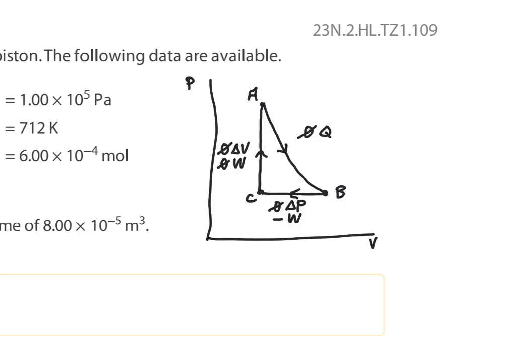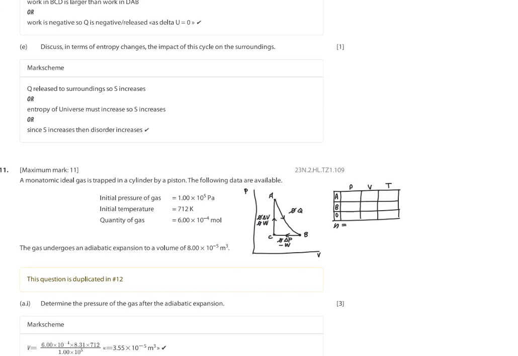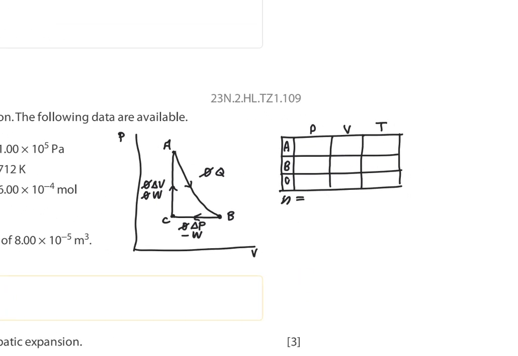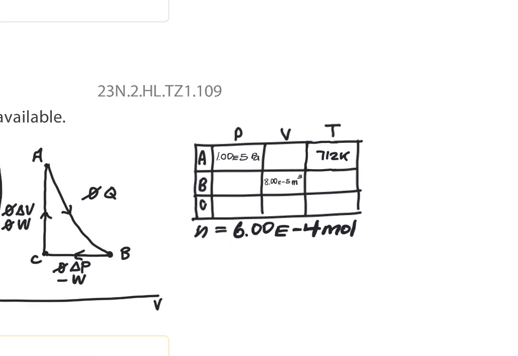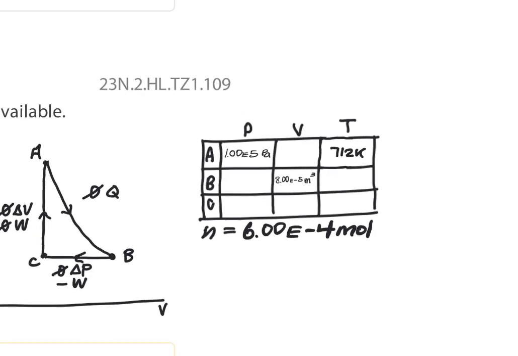So we can make a table of things that we know and things we can calculate: pressure, volume, and temperature. We're also given that the number of moles is 6 times 10 to the negative 4. So here's what we know so far. We know the starting pressure and temperature, and the expansion goes up to 8 times 10 to the negative 5 meters cubed.